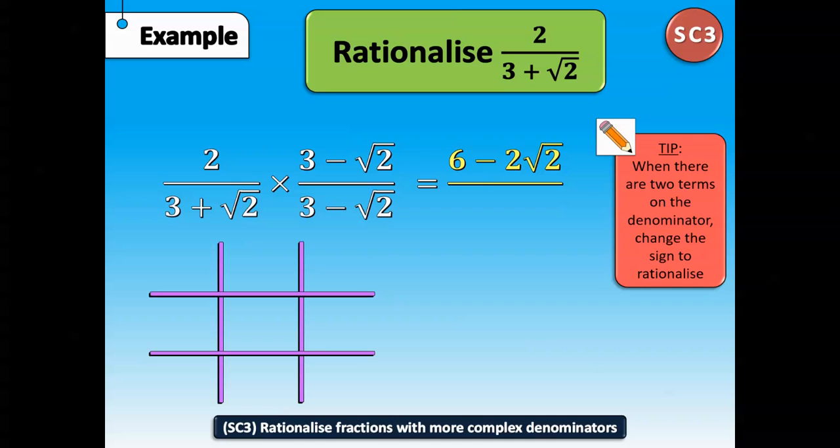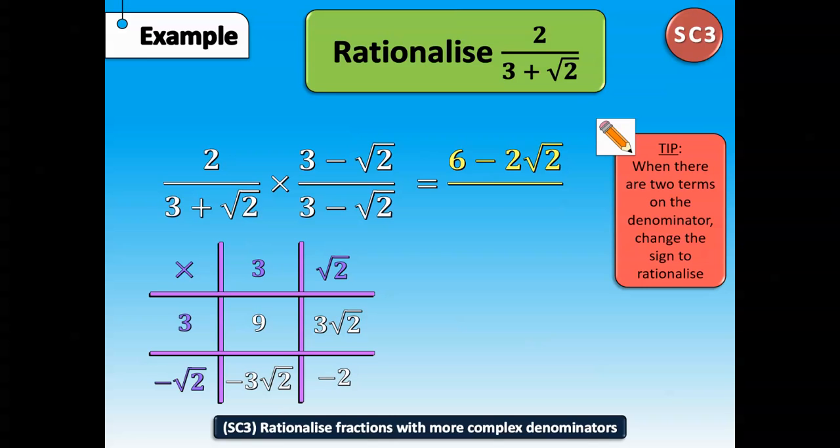And if we use the grid method to times the bottom together, so 3 plus root 2 times 3 minus root 2, 3 times 3 is 9. 3 times root 2 is 3 root 2. 3 times minus root 2 is minus 3 root 2.